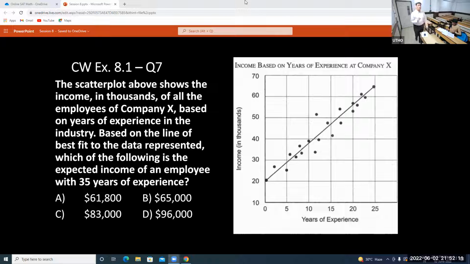Just note down the basic values that I am saying now. Please write down the starting value of somebody who is coming into this company as a fresher. What is that salary? 20,000. $20,000. What is the salary of somebody who has 25 years of experience? $65,000. $65,000.